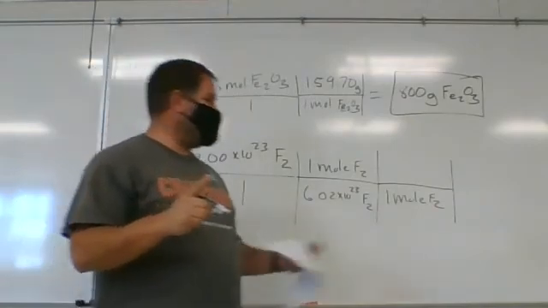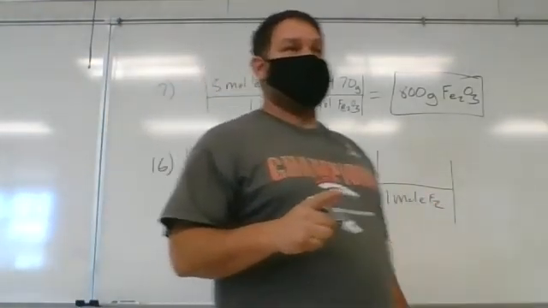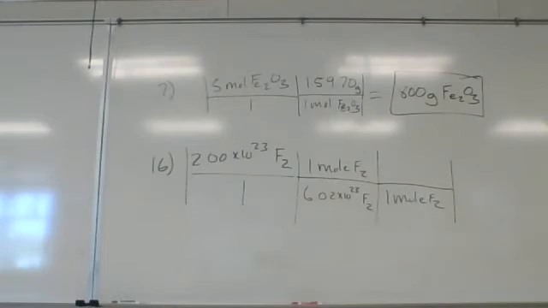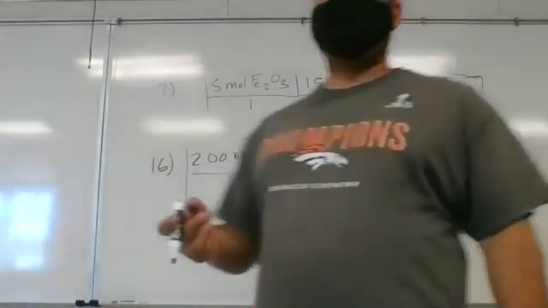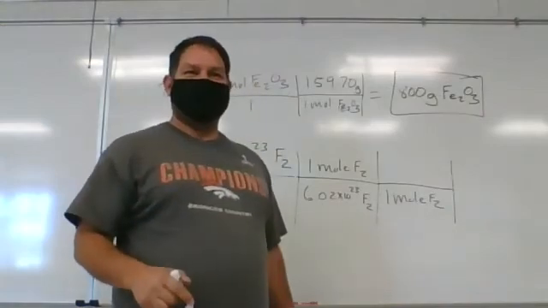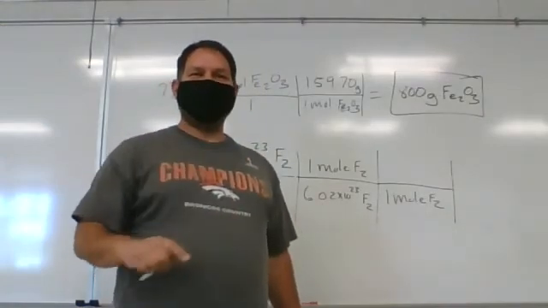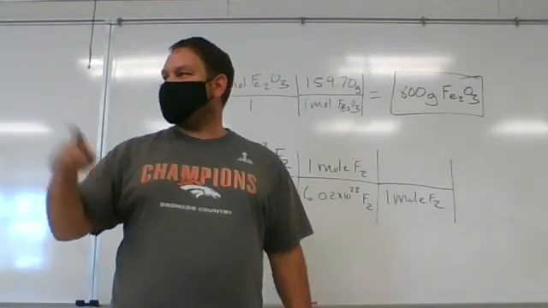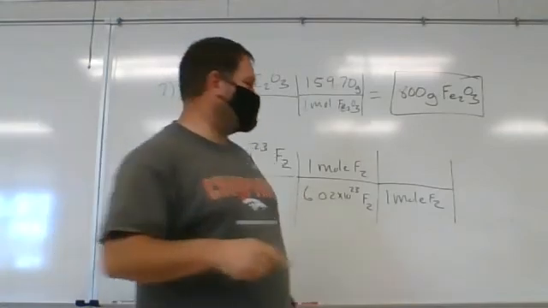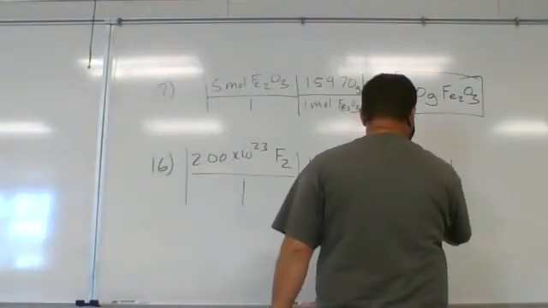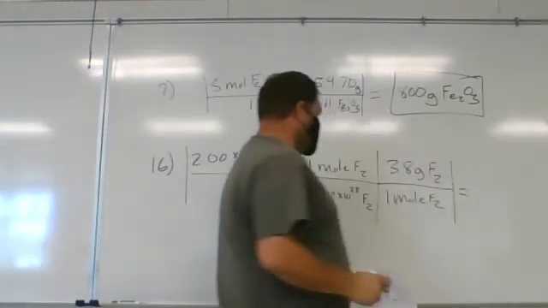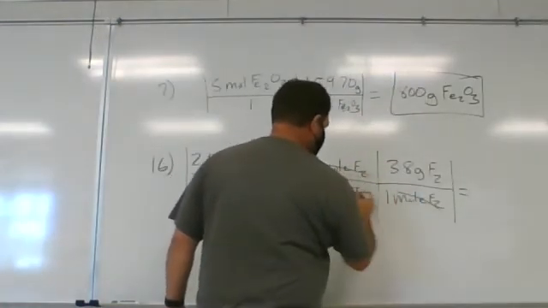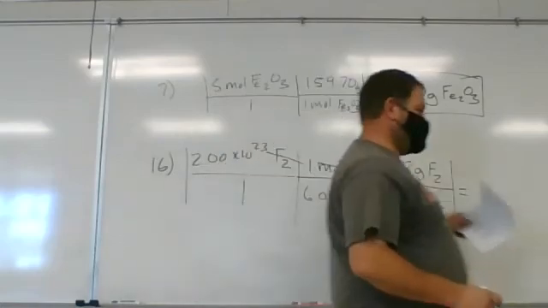Now remember that it is diatomic, so you have to consider that. Fluorine has a molar mass of about 19 grams per mole, right? Everyone agree? So 19 times 2 is 38. So my molecules cancel and my moles cancel, leaving grams.